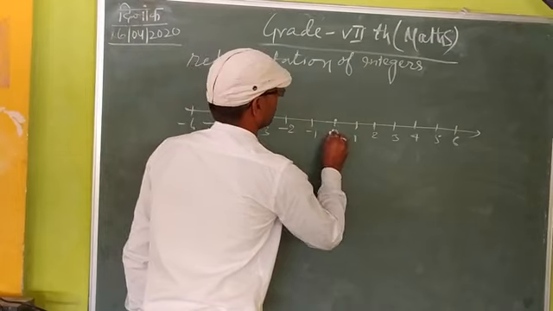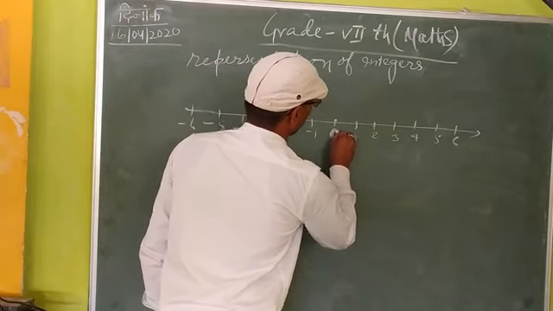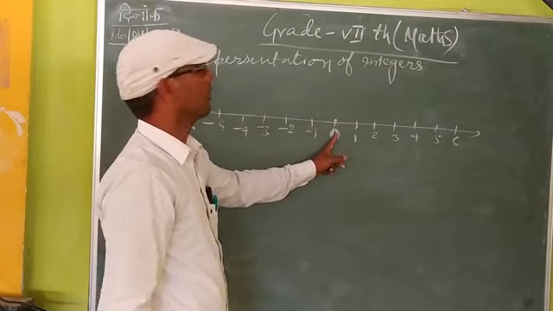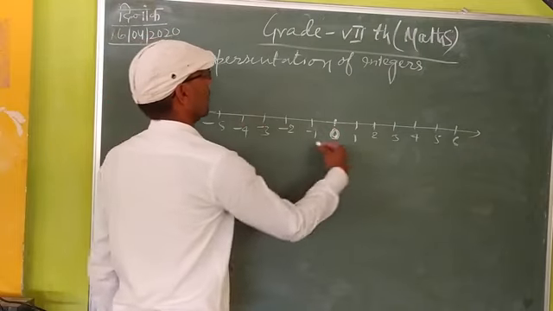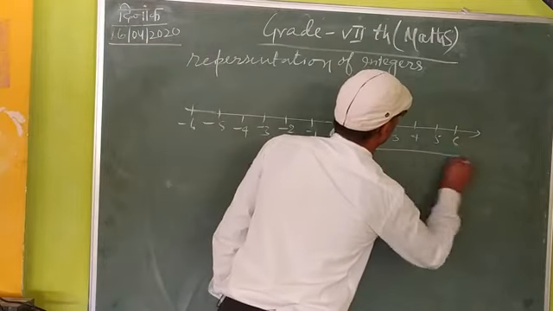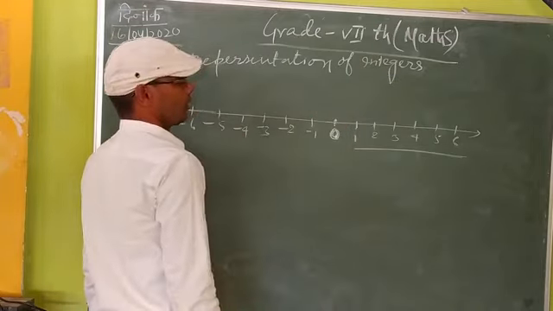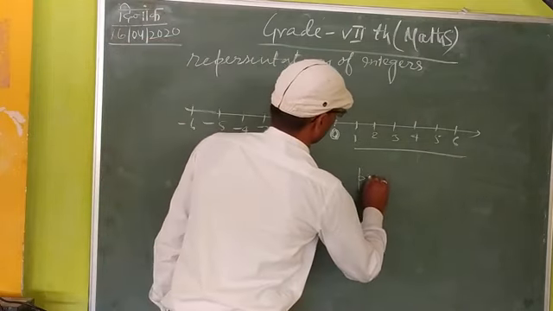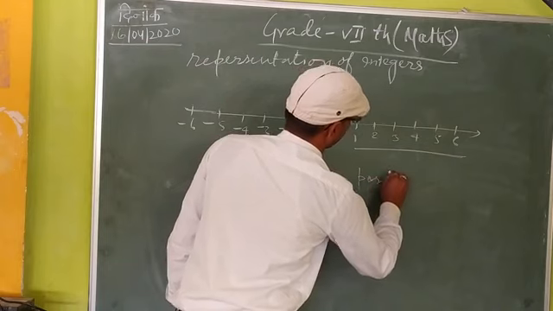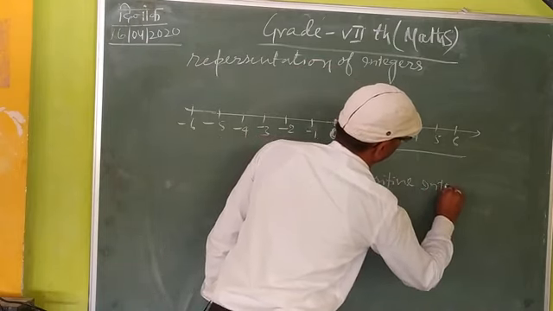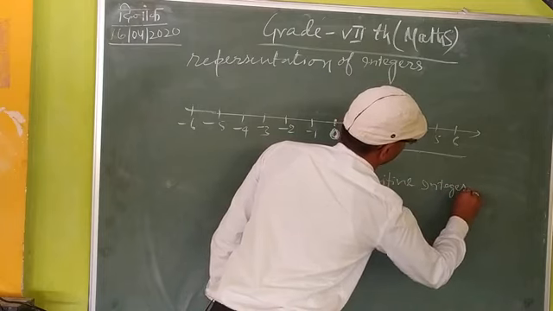After this is 0, it is in the middle of the number line, and after 0 you are looking at all natural numbers. This is a positive integer. All are positive integers.